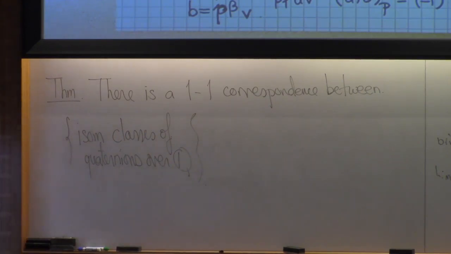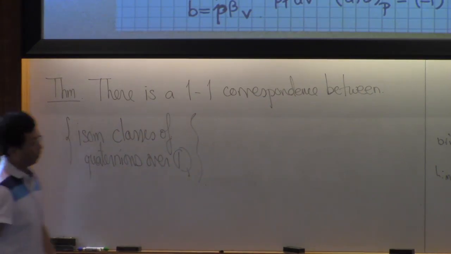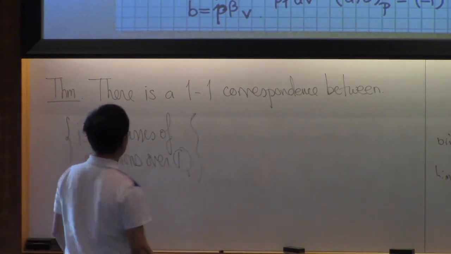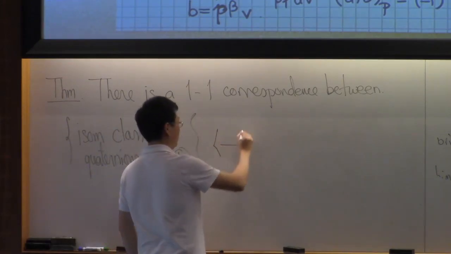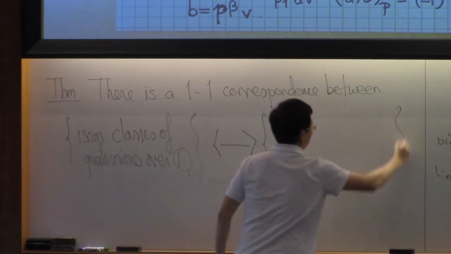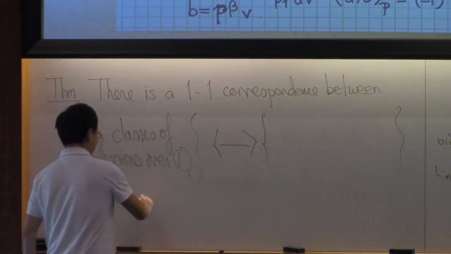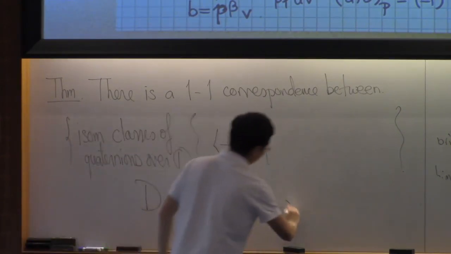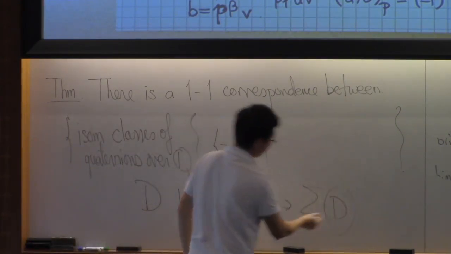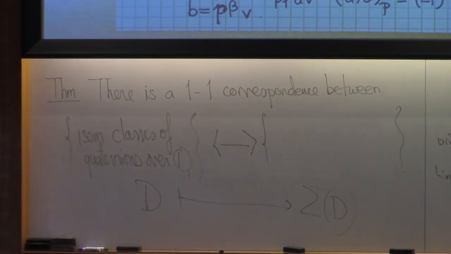Basically, all the quaternions up to isomorphism are classified by this sigma D. We're just going to write down what the map is. So you start with a D, you send it to its set of ramifications, which classifies all the quaternions over Q.